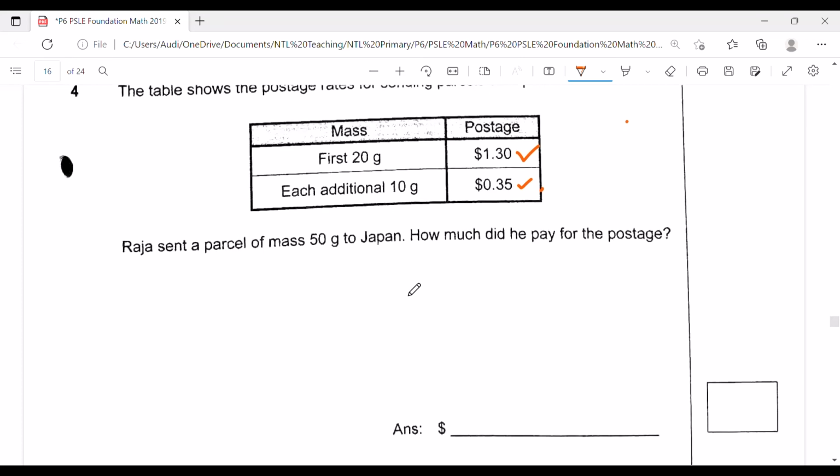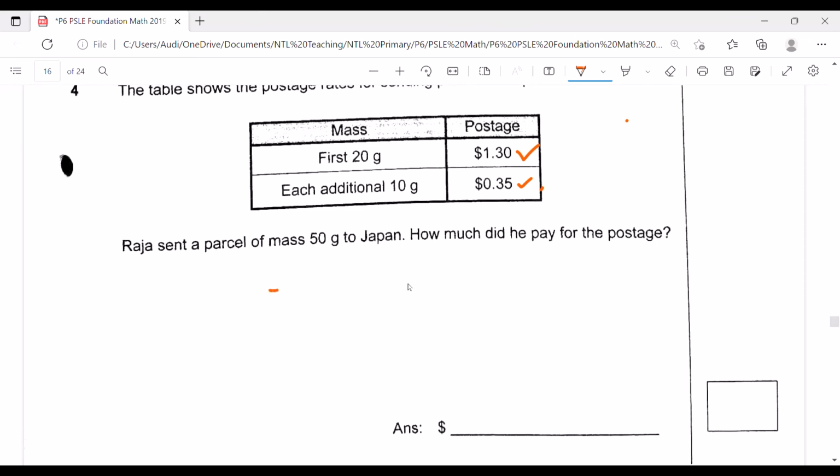Okay, I'm going to show you two ways to represent this. Raja sent a parcel of mass 50 grams to Japan. So we draw 50 grams. Okay, everything is 50. How much did he pay for the postage?